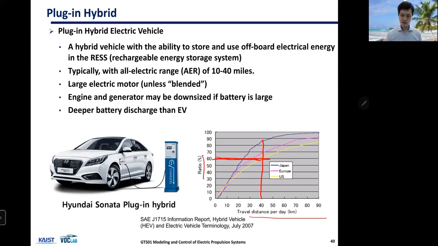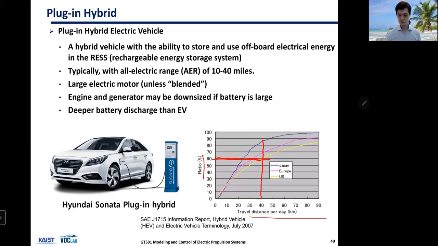That way you don't have to feel range anxiety, and you can also rely on electricity as the main energy source, because usually you would use your passenger vehicle for commuting.